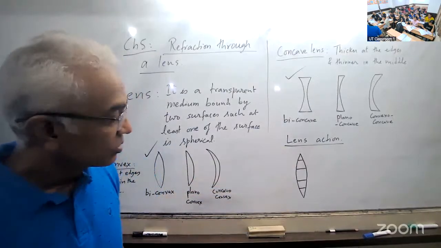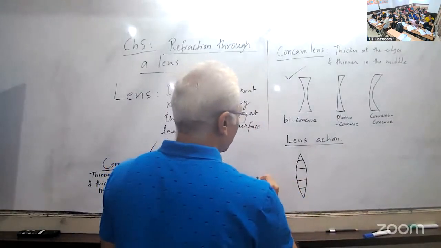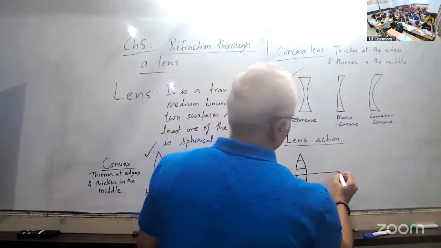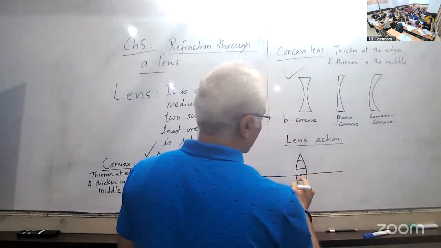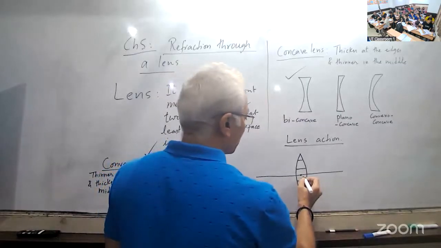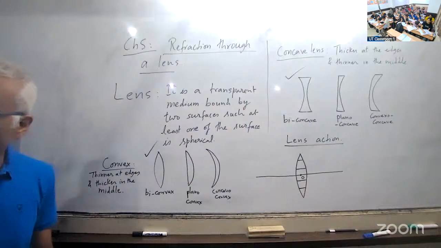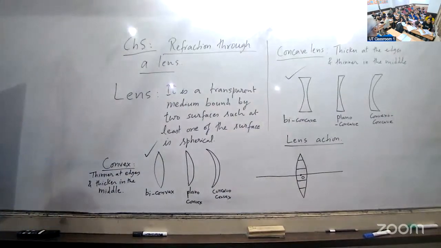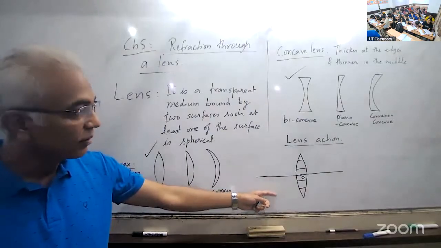Okay, so let us understand the lens action. Let us say this is your principal axis, and this is the center of the lens, which is named the optical center. In a mirror, we call the center of the mirror the pole, but here the center of the lens is called the optical center.